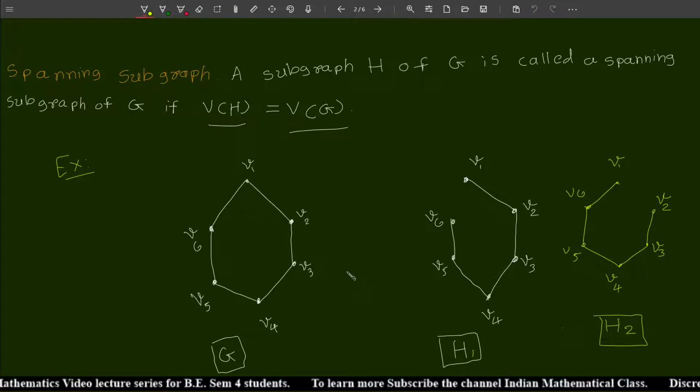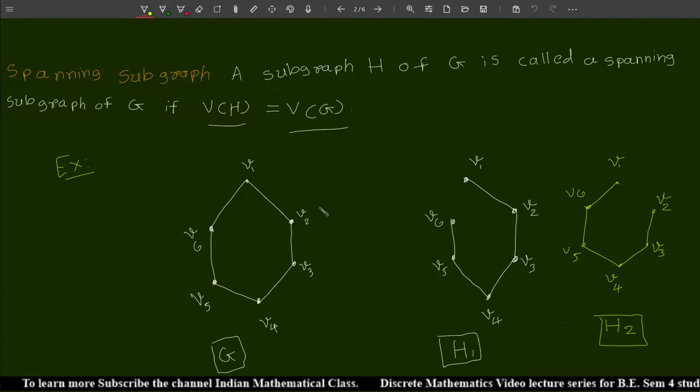So remember that a graph may or may not have a unique spanning subgraph. When a graph has a unique spanning subgraph will be discussed in some upcoming lectures.